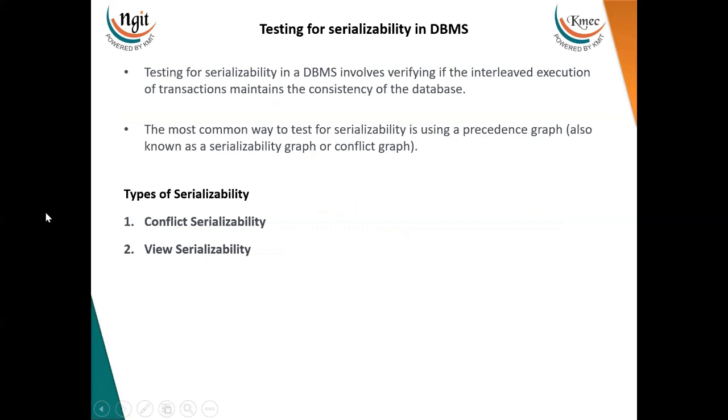Testing for serializability in database management system. How do you have to test serializability in DBMS? Here, it involves verifying if the interleaved execution of transactions maintains the consistency of the database. Why do you have to test serializability? To check whether the consistency is maintained in the database or not. The most common way to test serializability is using a precedence graph.